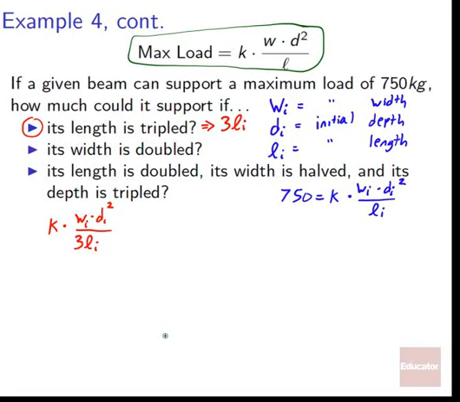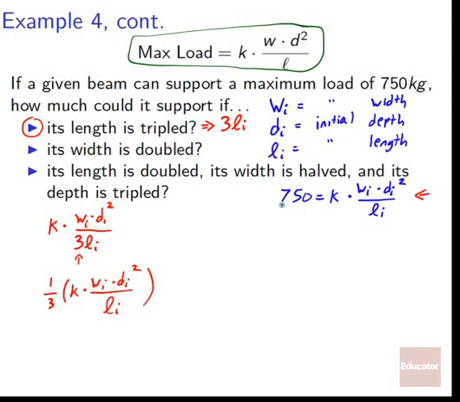Well, we don't know what that is, but oh, hey, that looks a lot like this. Oh, that's just a third. We can pull that third out, and we've got 1/3 times quantity K times Wi times di squared over Li.